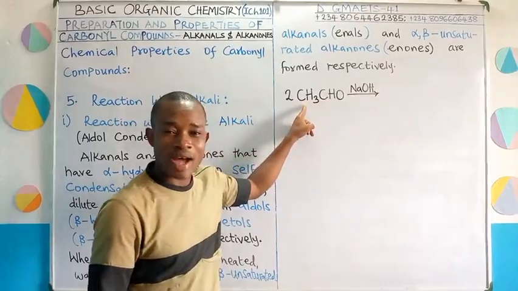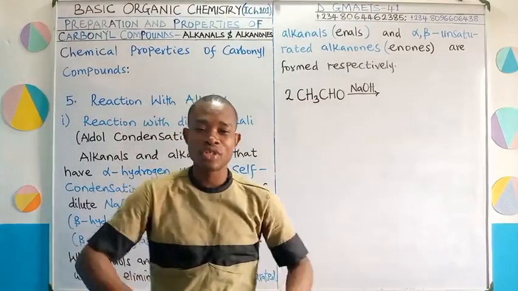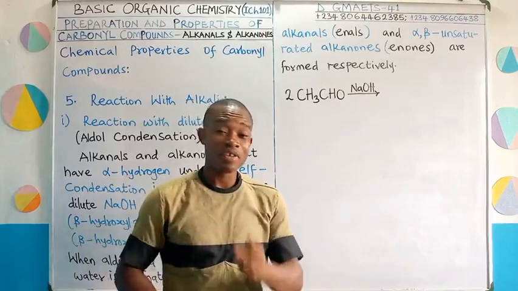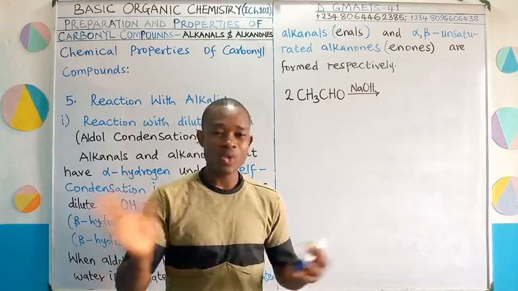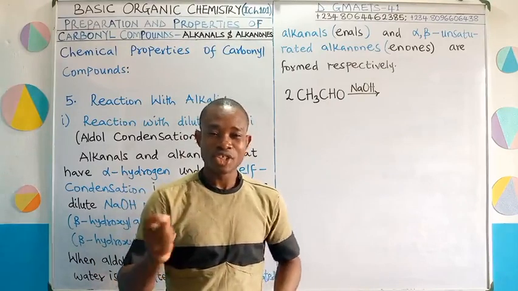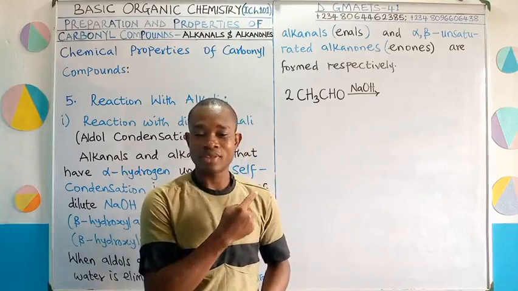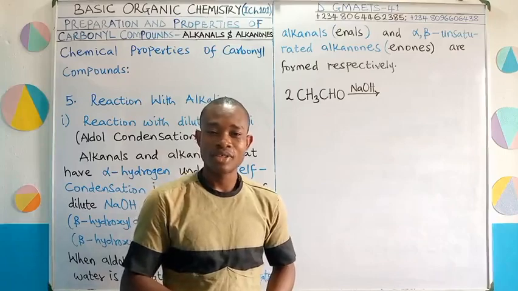This carbon is known as the alpha carbon. And you see clearly that on it, we have hydrogens, 3 of them. The hydrogens are known as alpha hydrogens. Now remember I told you that in Aldol condensation, the carbonyl compounds, whether alkanal or alkanone, should have what? Alpha hydrogen. Therefore, this compound, ethanal, can undergo Aldol condensation.